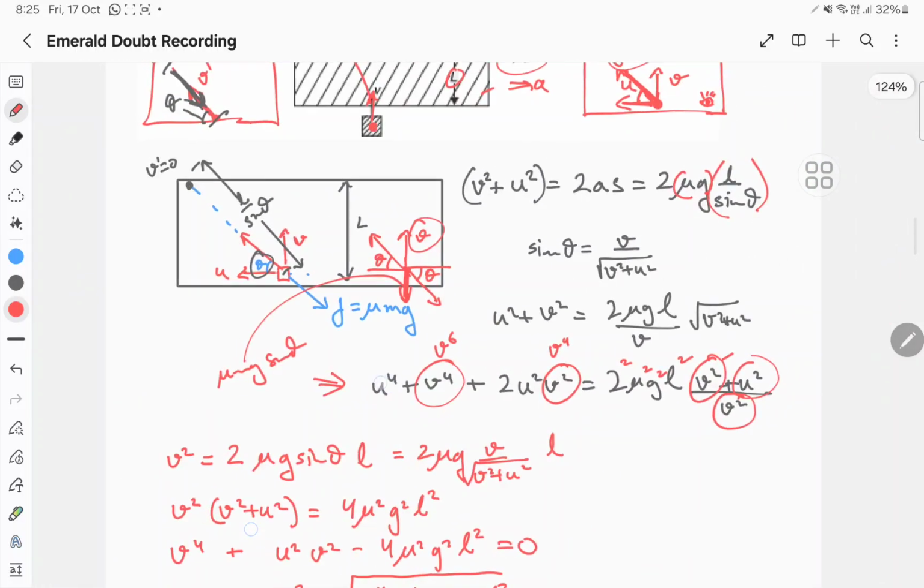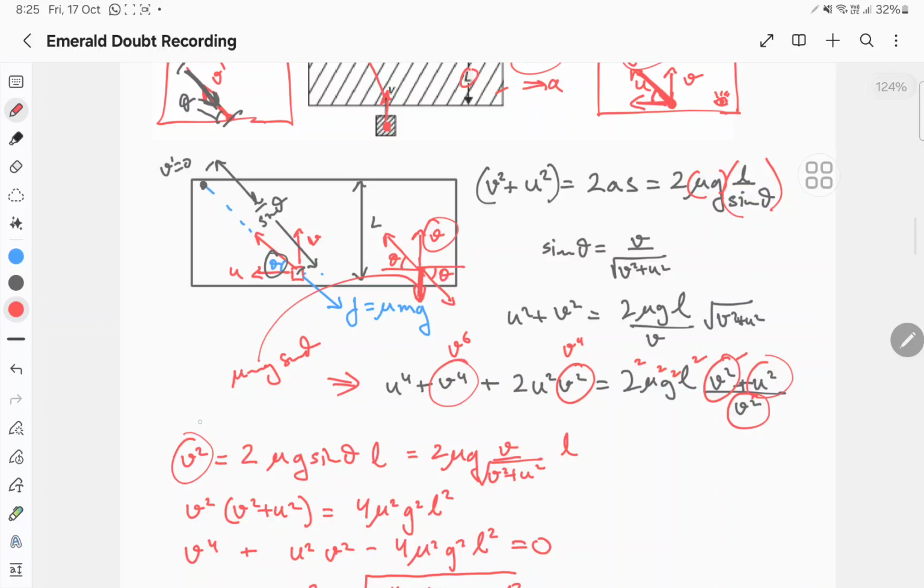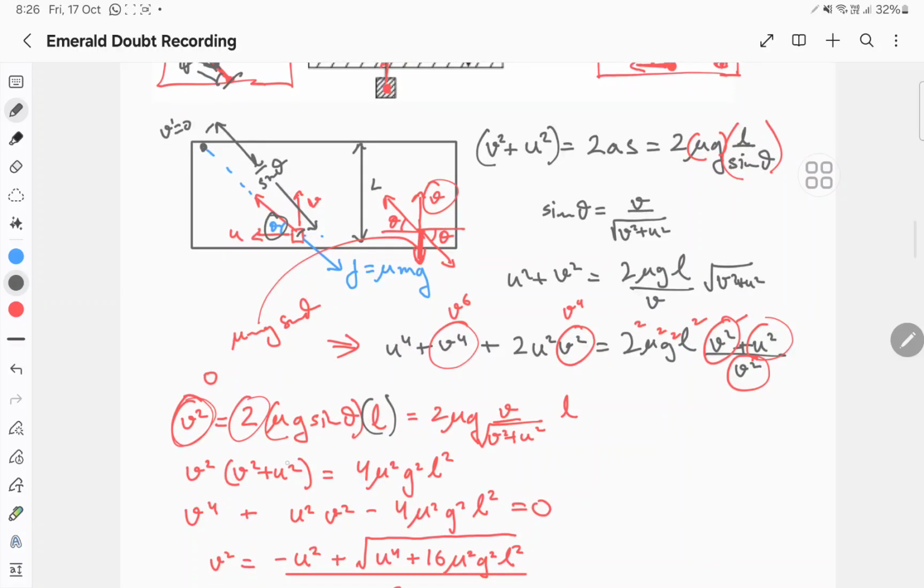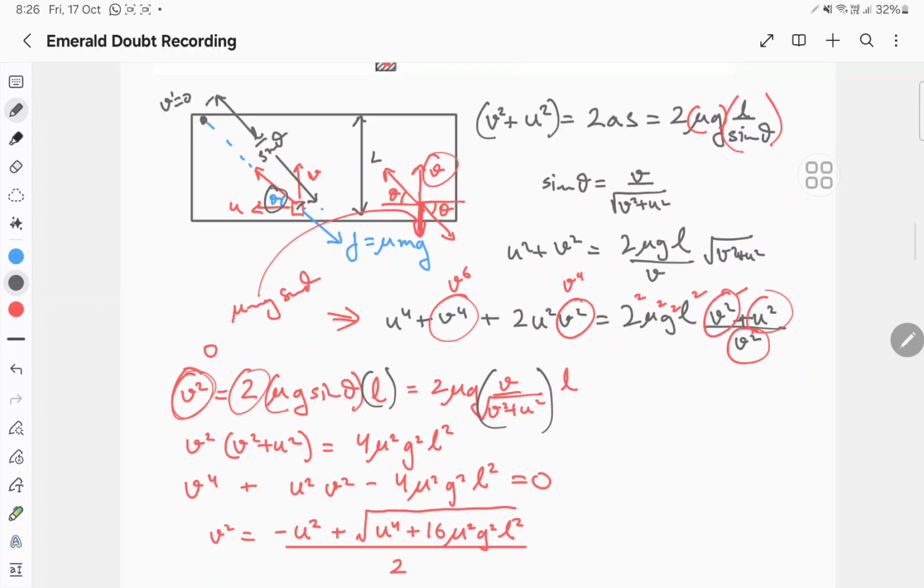So if I write that v is ultimately becoming 0, I apply v square is equal to u square plus 2as, this initial v is your v square is the 2a, and this time the s length is L across. Again we'll put our sine theta is equal to v upon under root of v square plus u square and try to solve this.